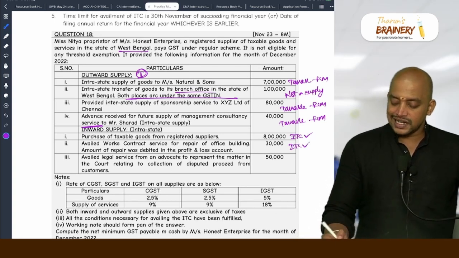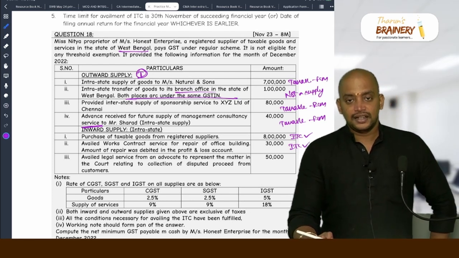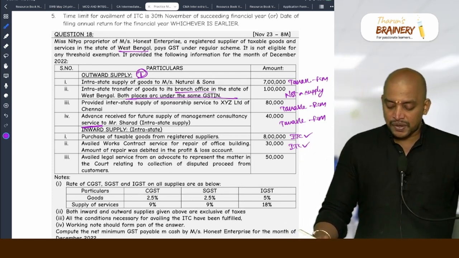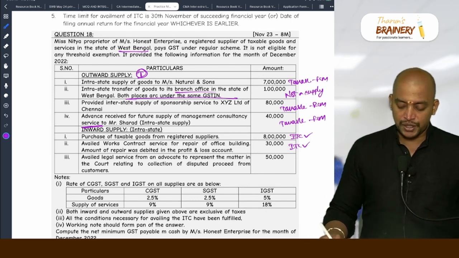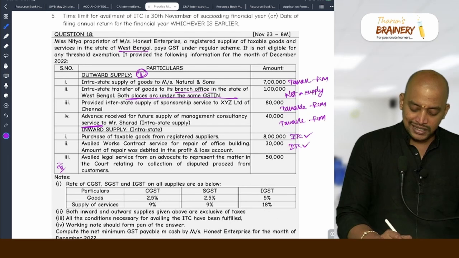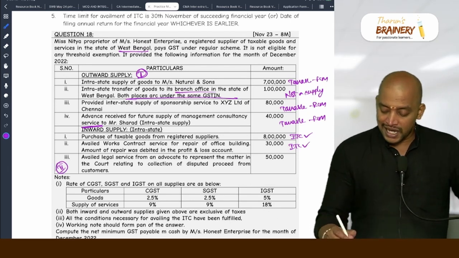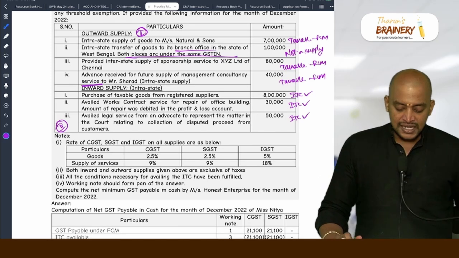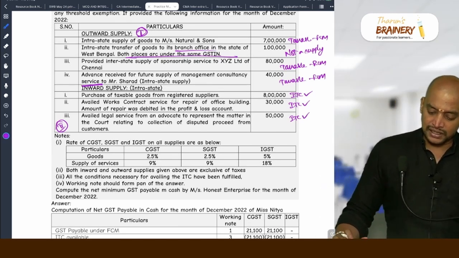We can take ITC. It is not capitalized. Availed legal service from advocate to represent a matter in the court relating to collection of disputed proceeds. It will come under RCM, plus we can even avail ITC, and CGST, SGST they have given.